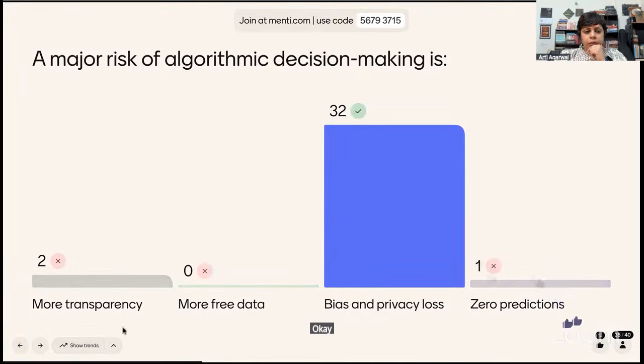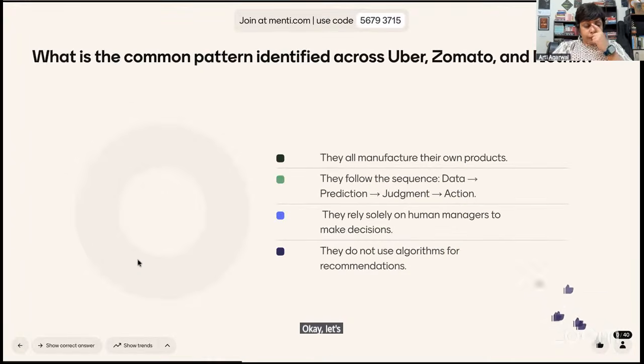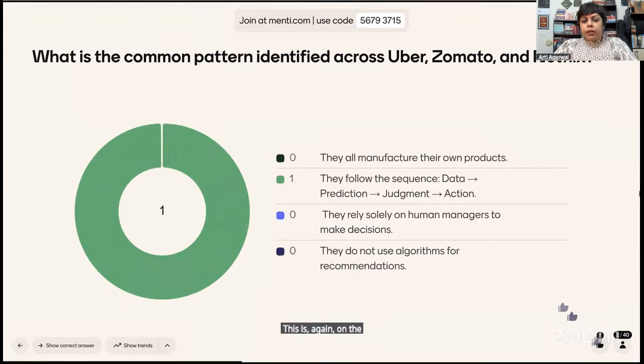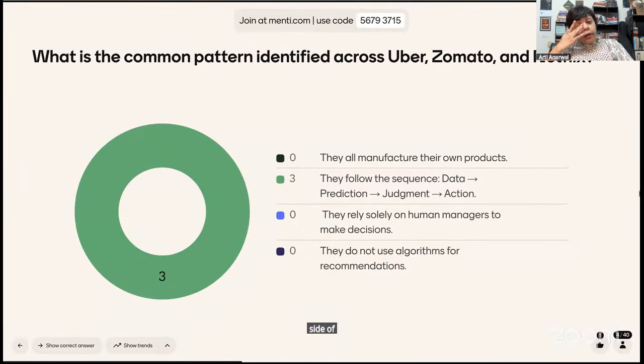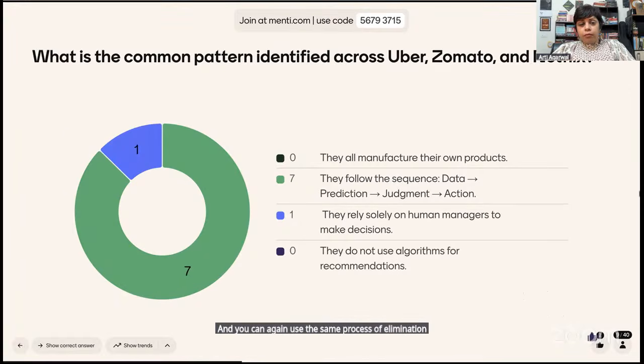Okay, let's go to the next question. This is again on the algorithm side of Uber, Zomato, and Netflix. You can again use the same process of elimination, which I just explained.